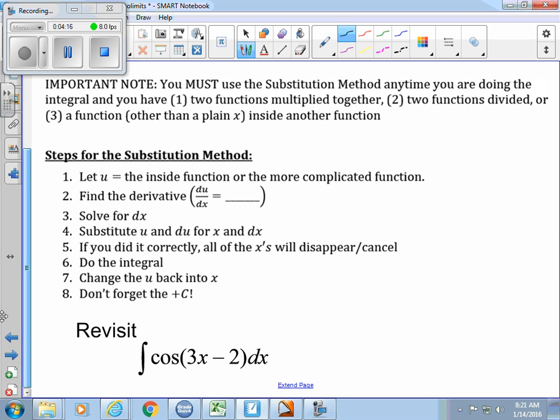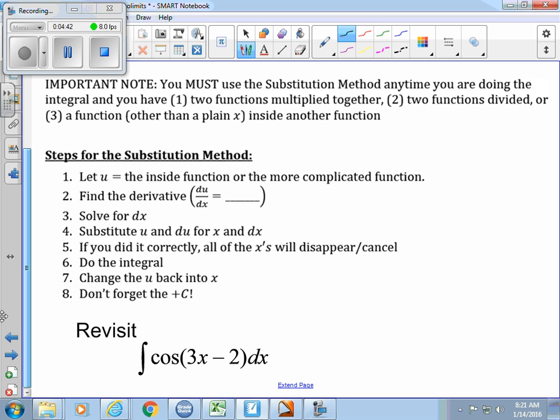Find the derivative of u with respect to x. Find du dx. Solve for dx, and then do a substitution or a change of variables in your problem. Essentially, you're going to change the x's to u's. If you did everything correctly, all of the x's will disappear, and you will be left with an integral only in terms of u.